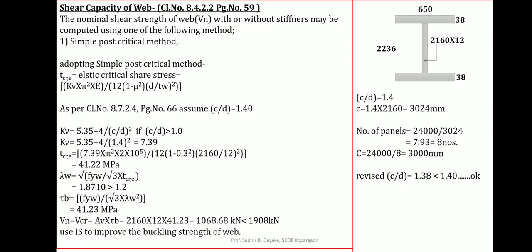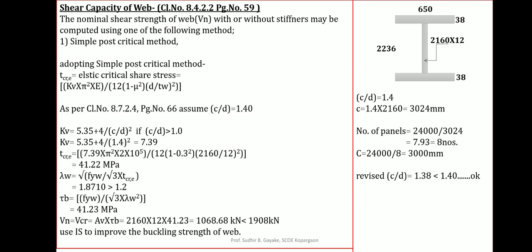Therefore as this particular condition of shear buckling capacity is not satisfied, you need to provide an intermediate stiffener, that is IS. Therefore the statement is written: use IS to improve the buckling strength of web. So buckling strength of web can be improved by increasing the thickness or by providing intermediate stiffeners. According to the requirement in the numerical, intermediate stiffeners can be provided, therefore you go with that condition only.